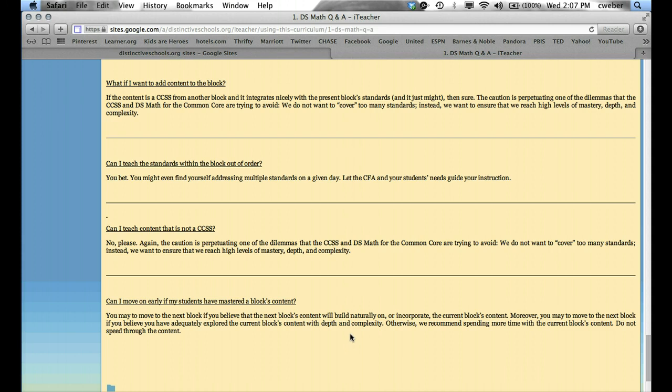But if it's just because you've covered everything, well, then I would use caution and go back and get to greater levels of depth and complexity with the current block's content. Allowing kids who still need a little bit more time and some different strategies, allow them that time. So just use a lot of caution. We certainly don't want to race through, nor do we need to race through this content. It's sensibly paced across 8 blocks.